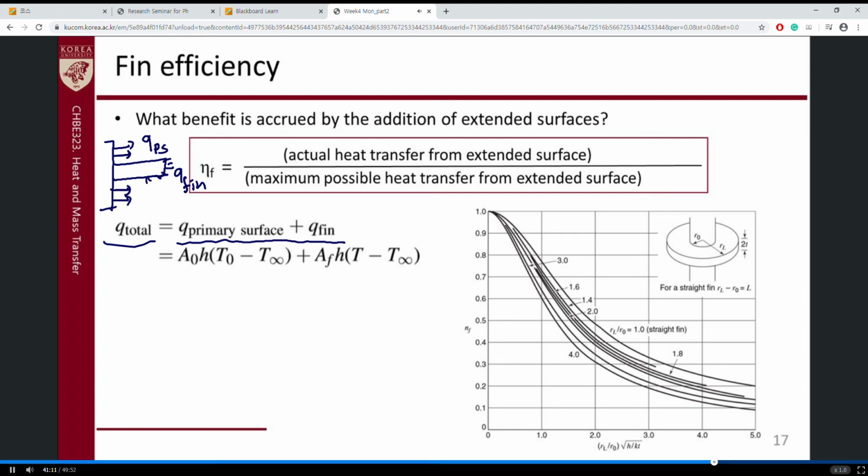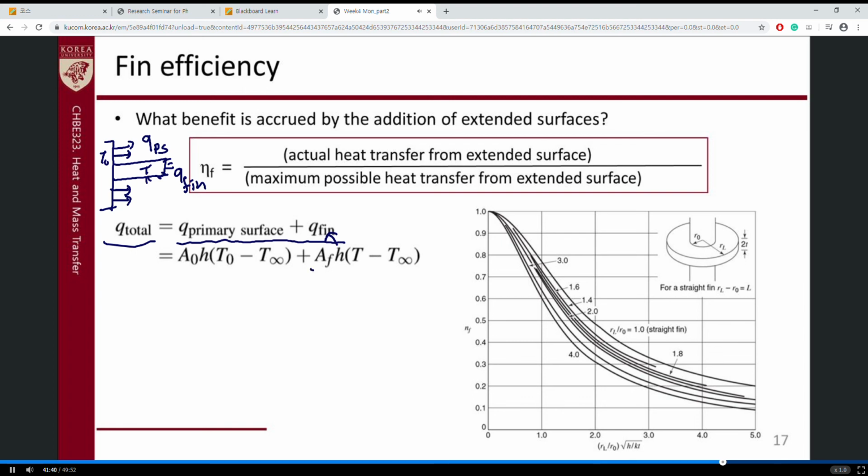So we change to the convection equation like this: A0 h (T0 minus T infinity). Here there is T0, right? And for the fin, A_F h (T minus T0), we don't know T, we don't know A. But we can express it like that, right?